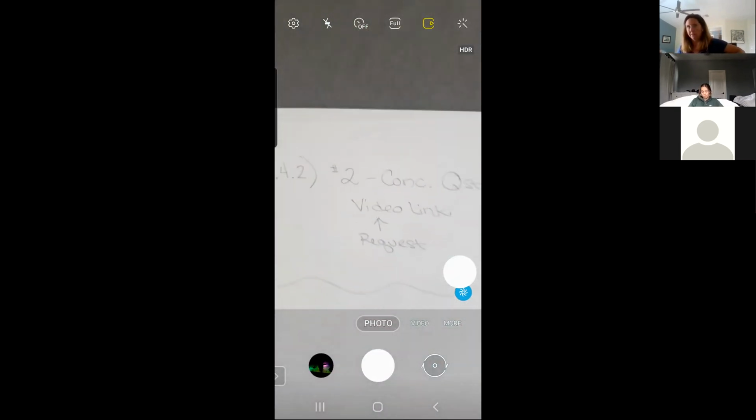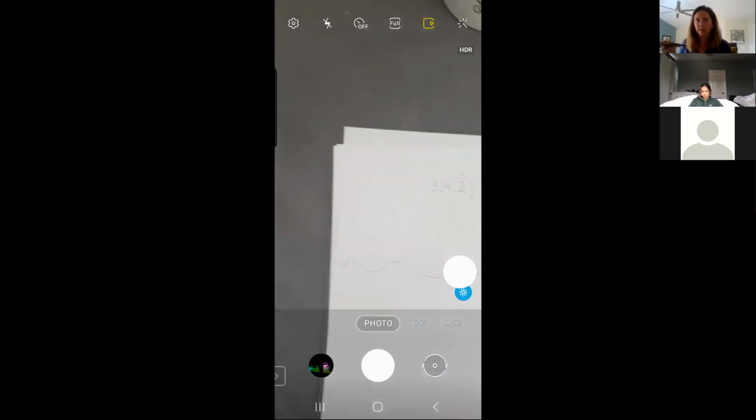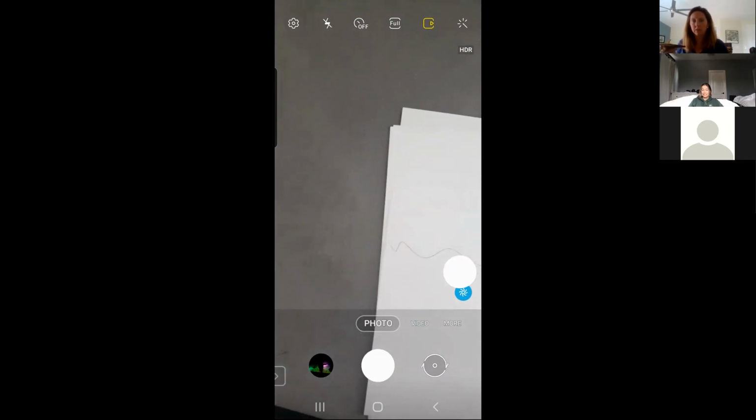Sideways. I'm finagling boxes here. I know you can't see that, but that's what I'm doing. That might work.